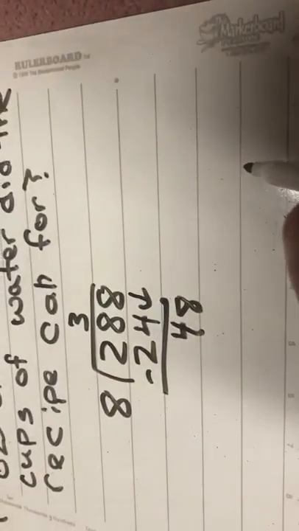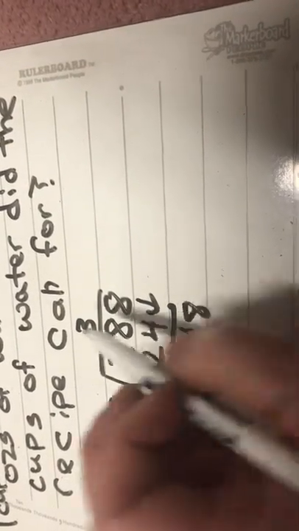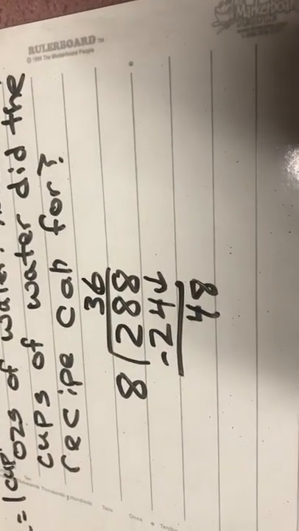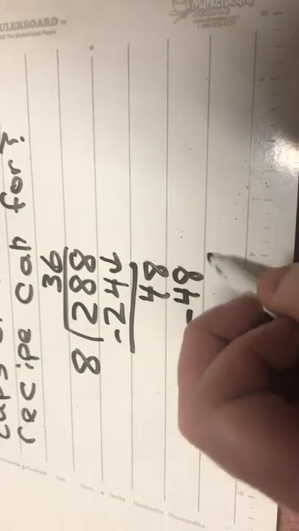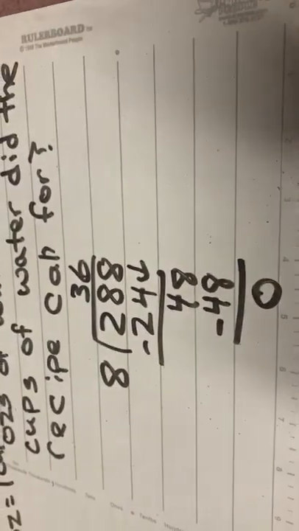Bring down the 8. 8 can go into 48 6 times. And I know that 8 times 6 is 48. So 48 minus 48 is 0. I get 36. It called for 36 cups of water.